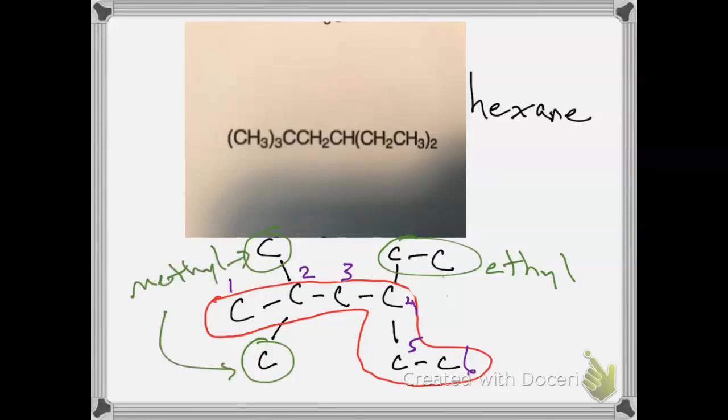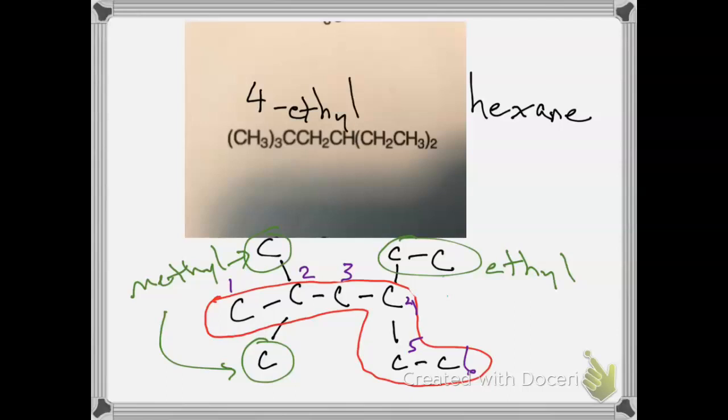Because there are 2 methyls, those become a dimethyl. So when I finally write out my name, for weird reasons that I don't really care about, you have to alphabetize these things. Well, you don't have to, but I do.